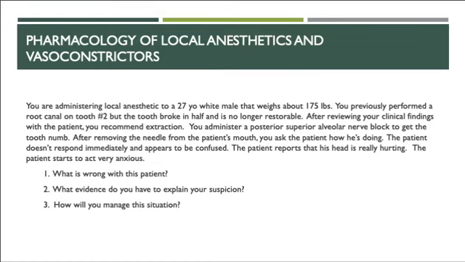After reviewing your clinical findings with the patient, you recommend extraction. You start to give them a posterior superior alveolar nerve block, which, just for reference to this particular case, the posterior superior alveolar nerve block is posterior to tooth number 2. So it's going to be right behind the tooth right behind tooth number 2, essentially.